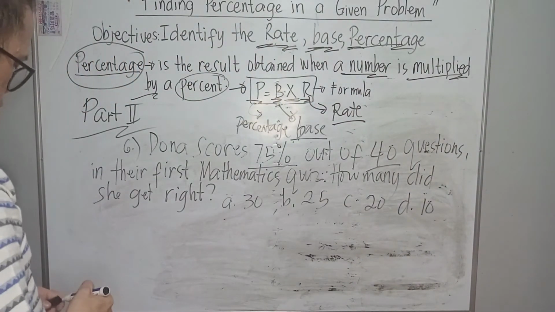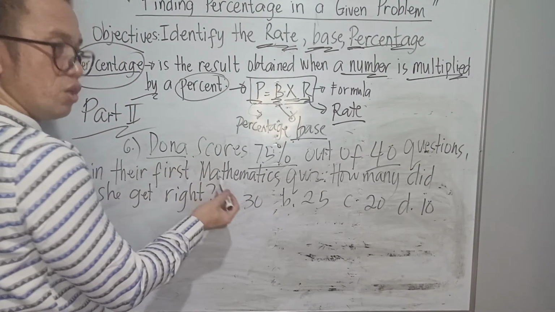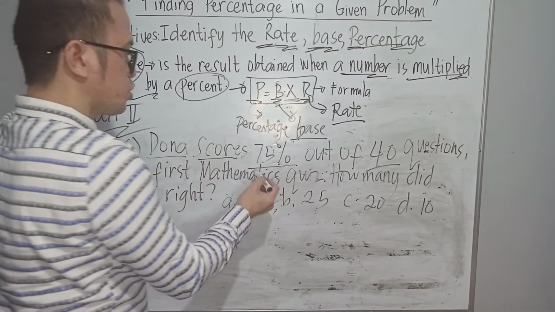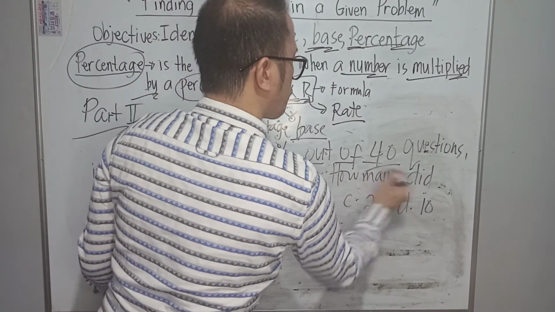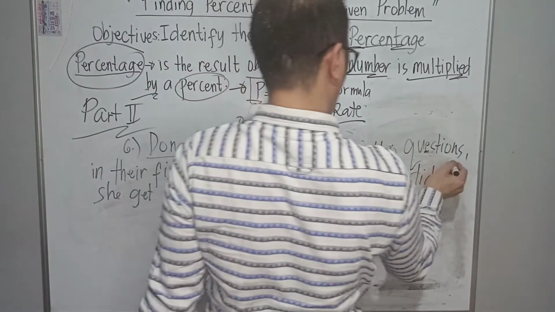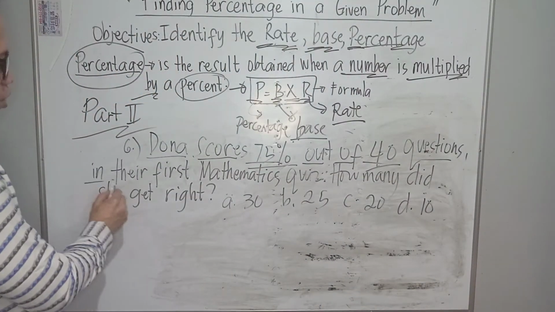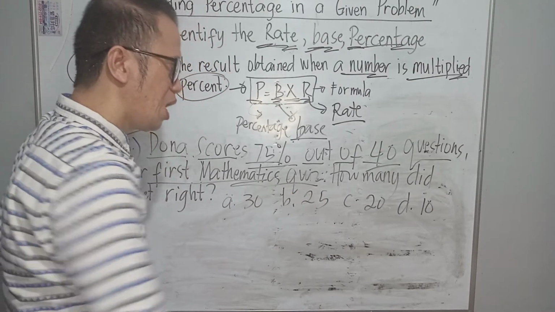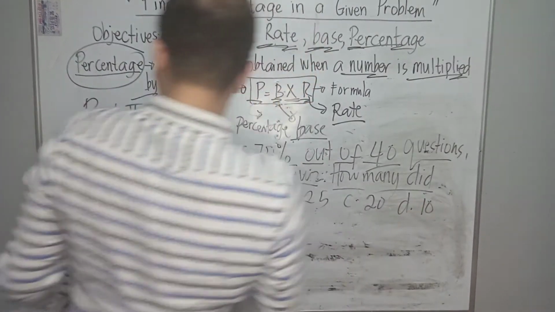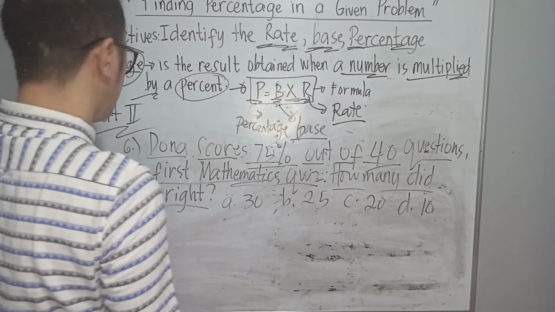Okay, here, my dear viewers, let's read it first. Donna scores 75% out of 40 questions. So how many questions? 40 questions. In her first mathematics quiz, how many did she get right?